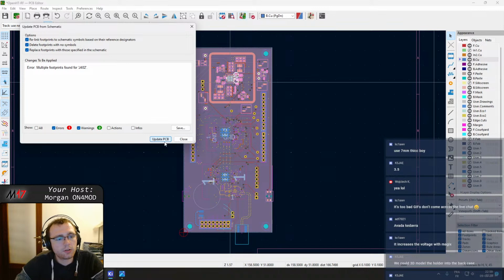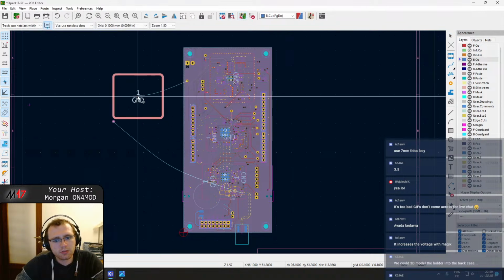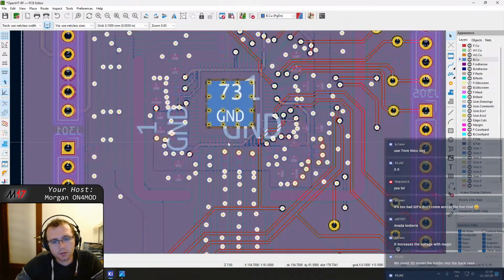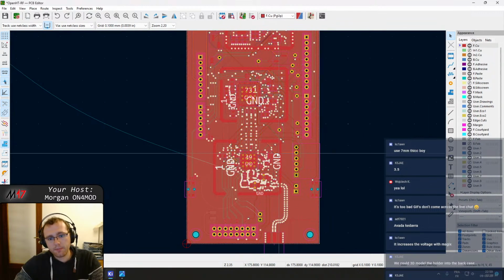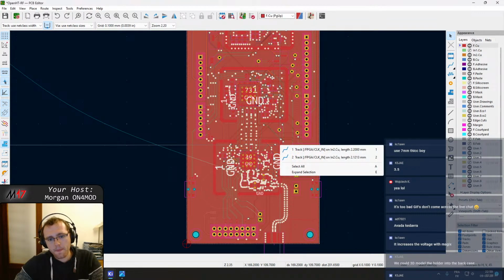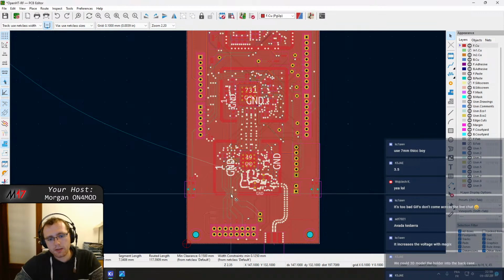Multiple footprints found for J402. Oh no! What the heck? Oh, I know what happens.